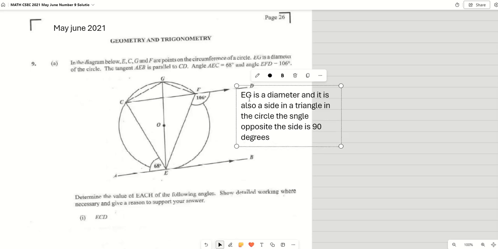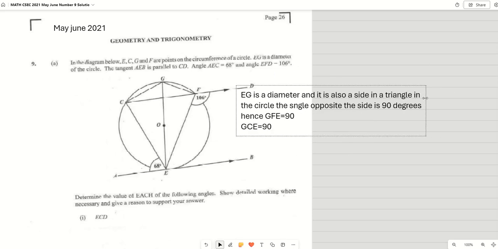In other words, the side opposite the diameter is FG, FE. Hence, angle GFE is equal to 90, as well as angle GCE, which is also 90 degrees. That is what we can tell so far.